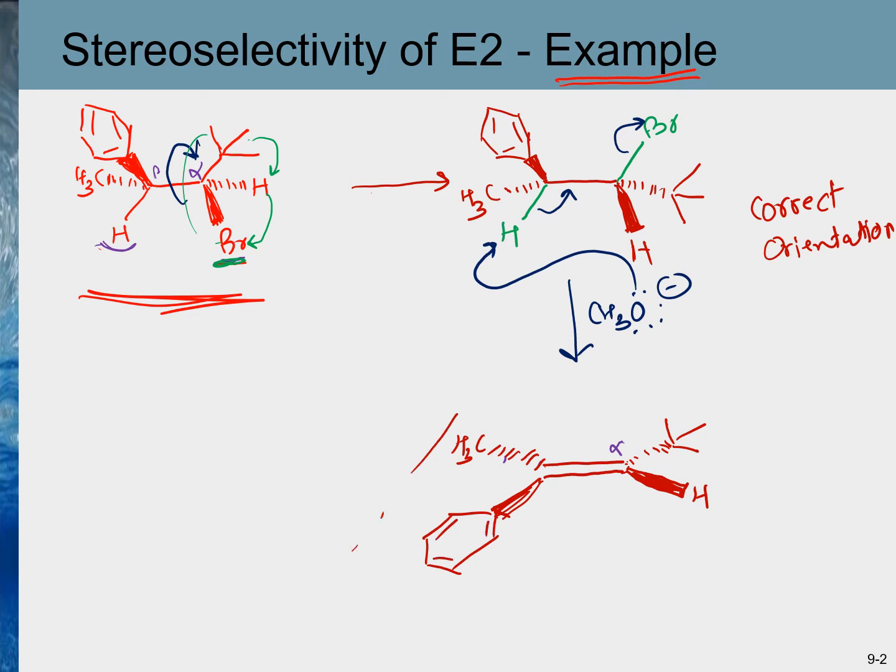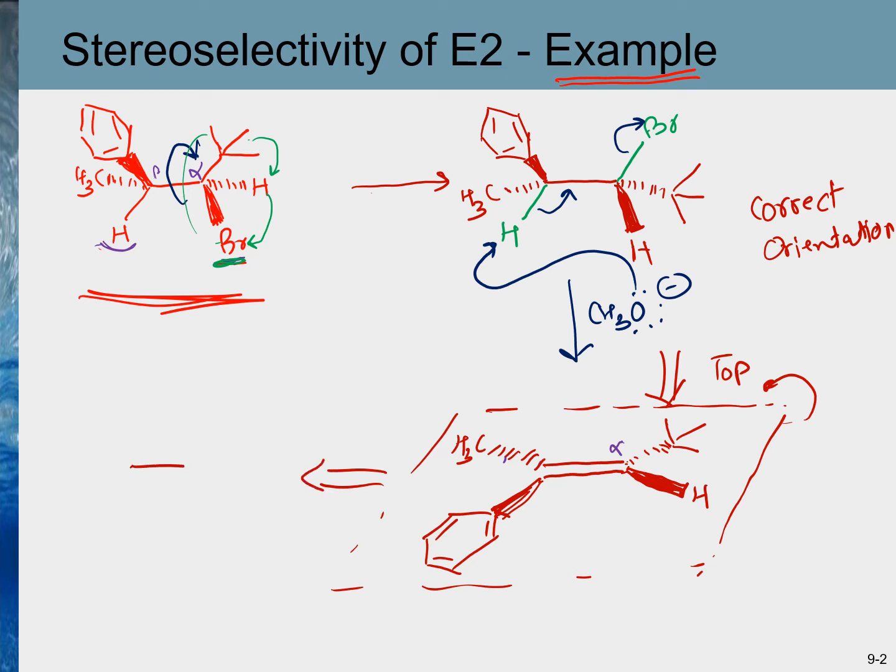And remember, this is an alkene, so it's in the same plane. So this is the top view. Well, that's the top side and this is the bottom side. So if we flip it towards us, this alkene will look this way.